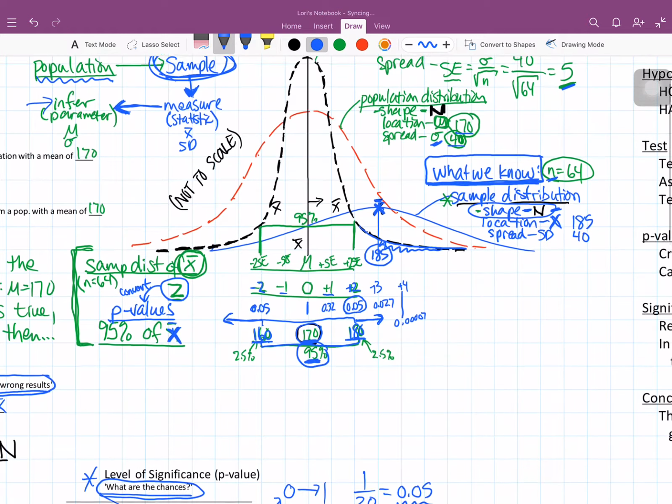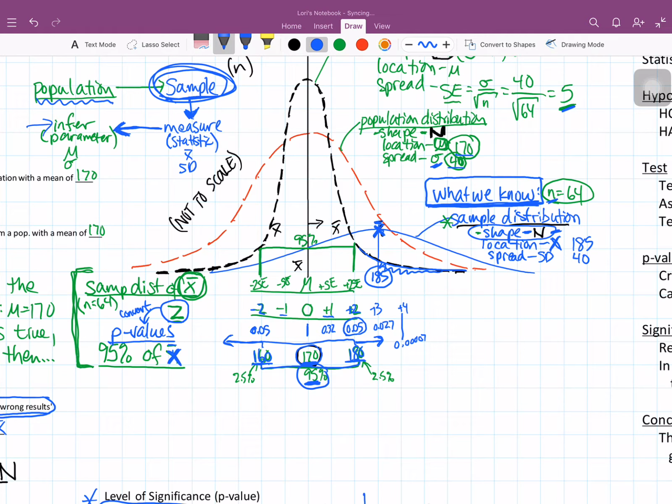In other words, what we're doing here is we're quantifying the amount of chance that we feel comfortable with when we are taking this sample from the population. So here we have a sample, we drew it from the population. We're hoping to have done this in a random way, such as a simple random sample, so that our sample is representative of our population.